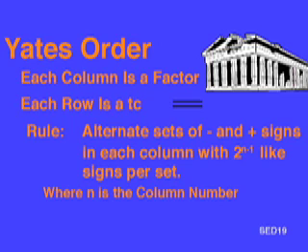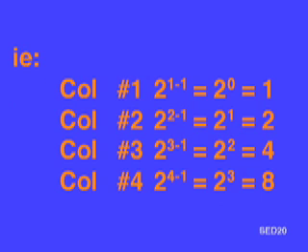Each column in the matrix, these are sometimes called matrix designs, is a factor, and each row is a treatment combination, abbreviated TC. We build the design column-wise, setting up patterns of minus and plus signs depending on the column number. We always begin with the minus sign set, and we determine the number of like signs per set using the rule 2 to the n minus 1, where n is the column number.